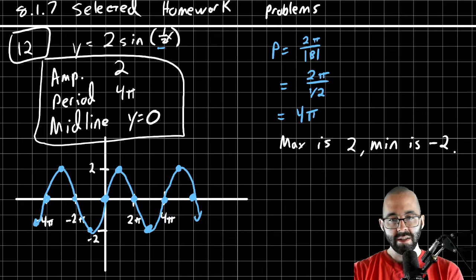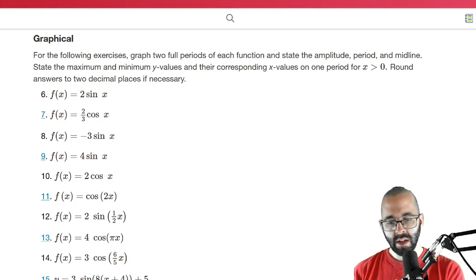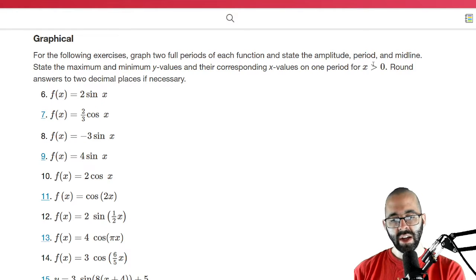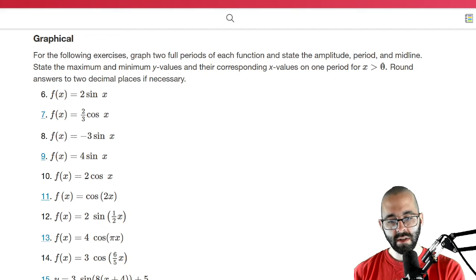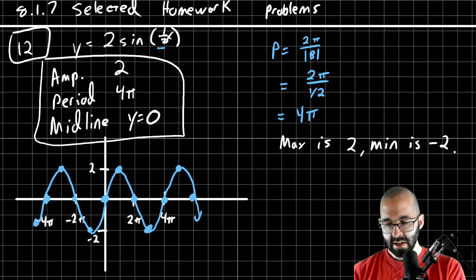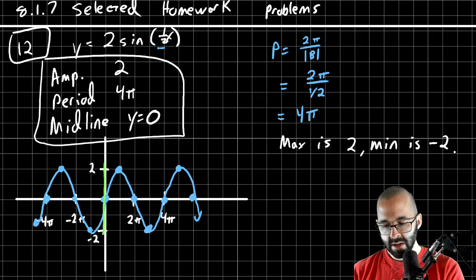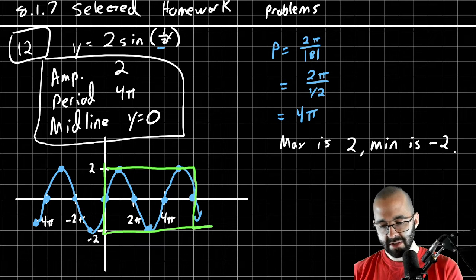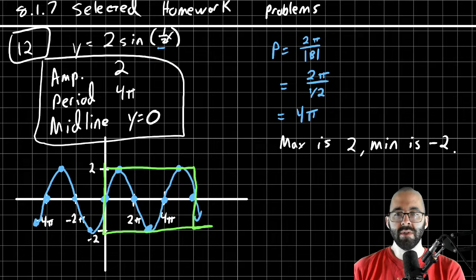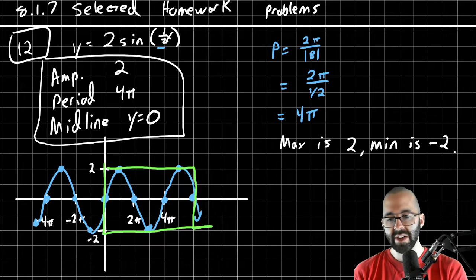The lowest we ever get is a y value of negative 2. And their corresponding x values for one period. So one period for x is positive. We're going to look at this region right here. This is one period of the graph for positive x.